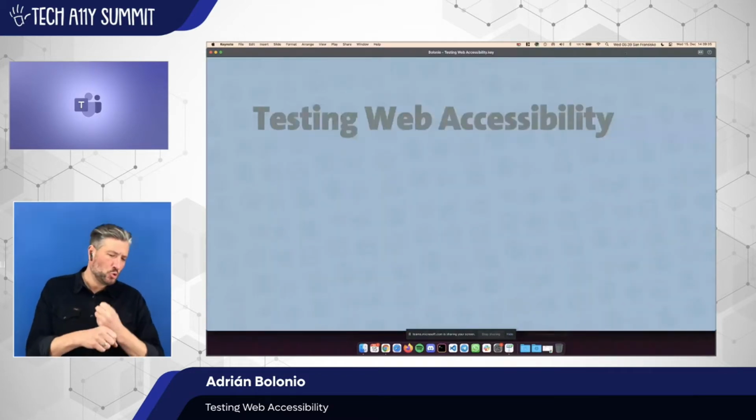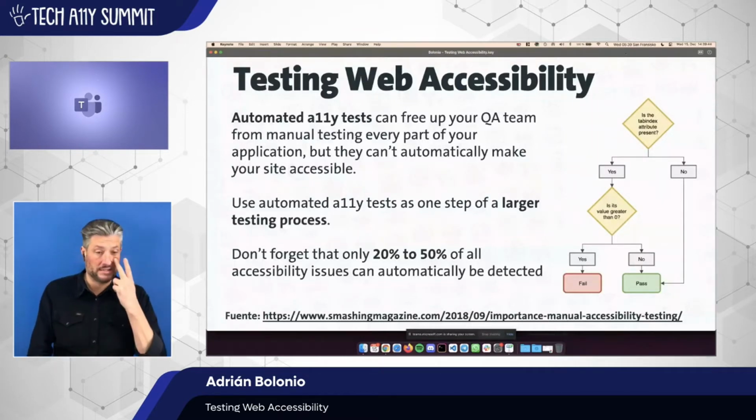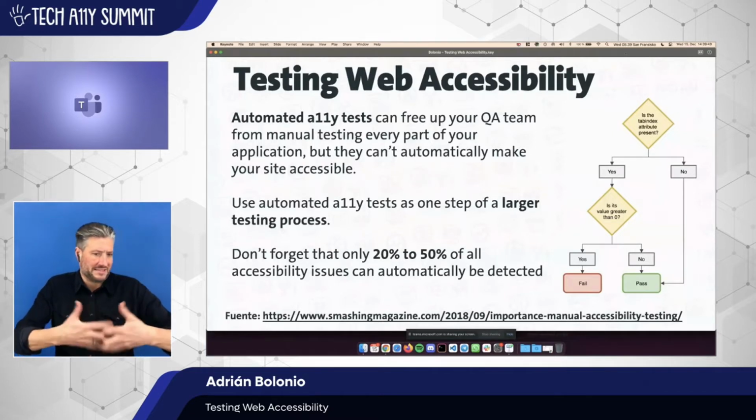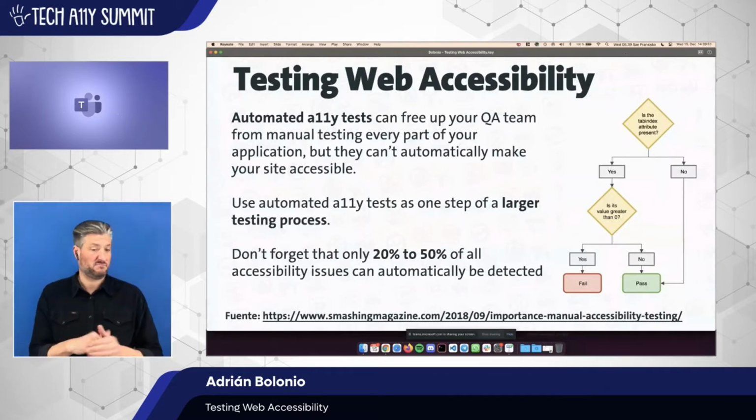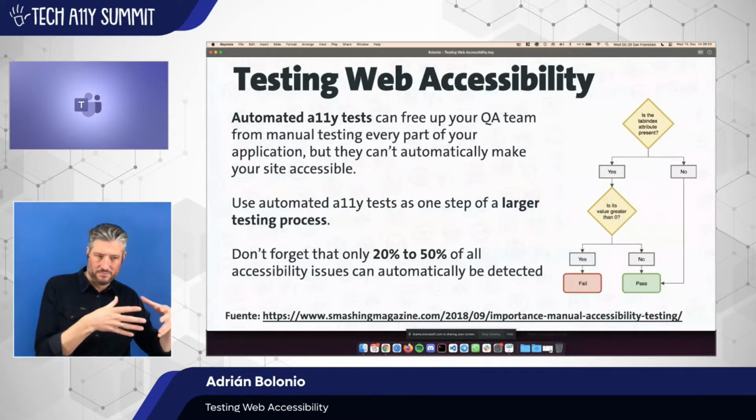So about testing web accessibility, we can consider automated tests as a very good tool for our applications to be tested, and you can free up your QA team, your testing team, from manually testing every part of your application. But this is no magic.